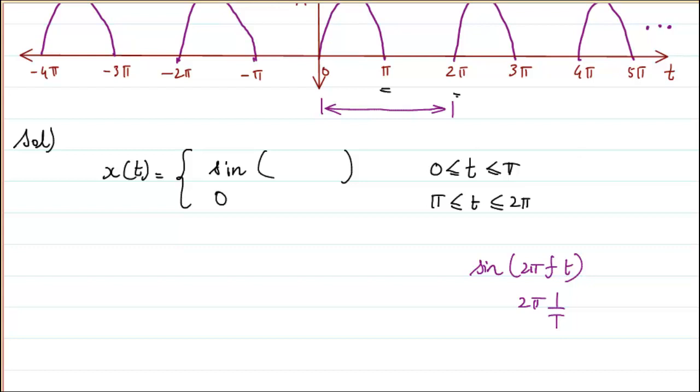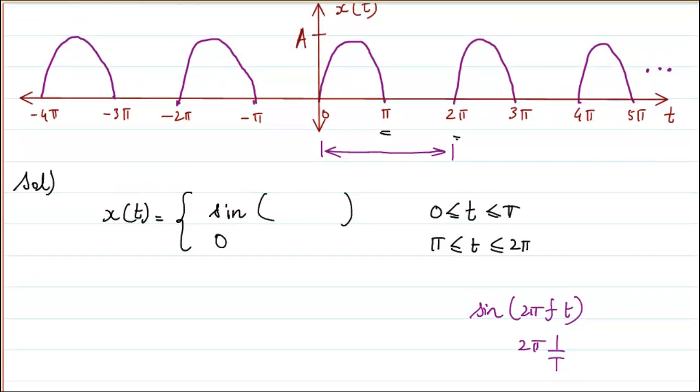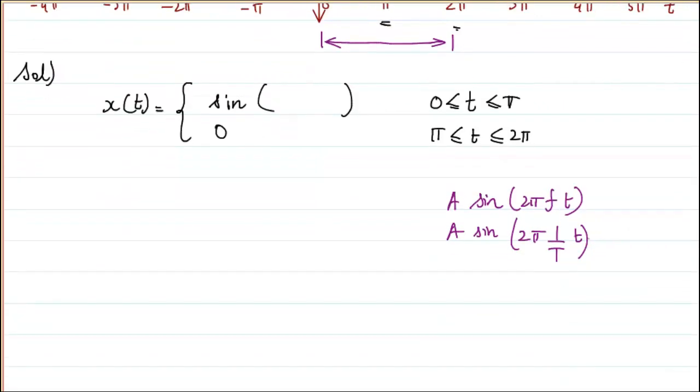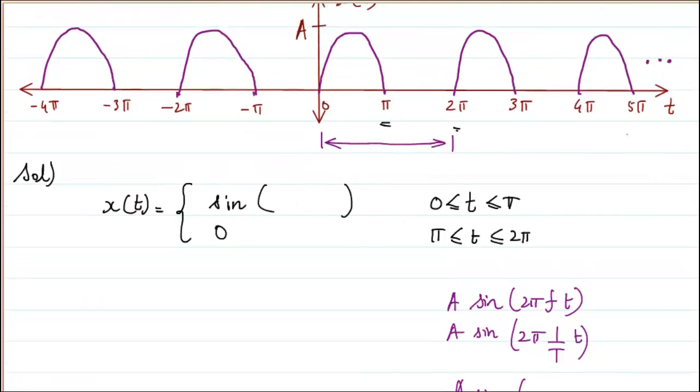And the height of the wave is A, correct? So A sine 2 pi by T times t. The time period T I already told you is 2 pi, because the signal repeats after 2 pi.